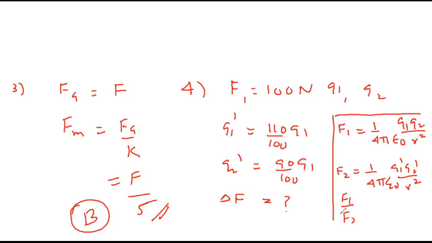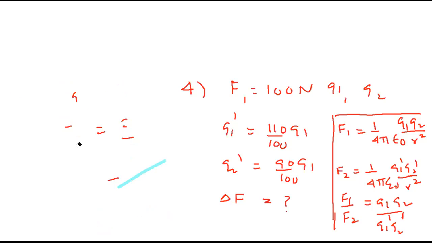F1 upon F2 is equal to, now 1 upon 4 pi everything will get cancelled. We get Q1 Q2 upon Q1 dash Q2 dash.